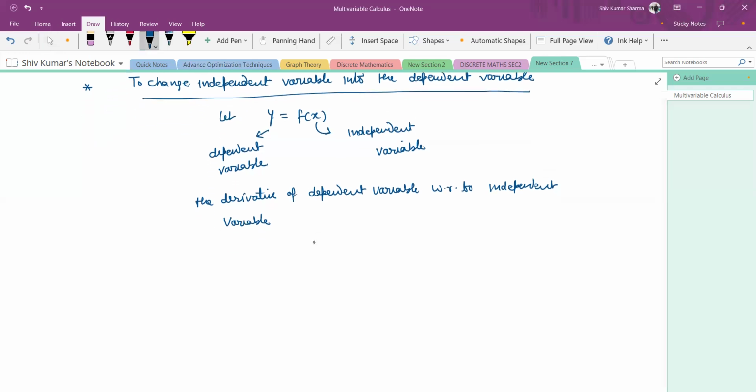So the derivative of this function can be denoted as dy upon dx. Okay, so this is the derivative.